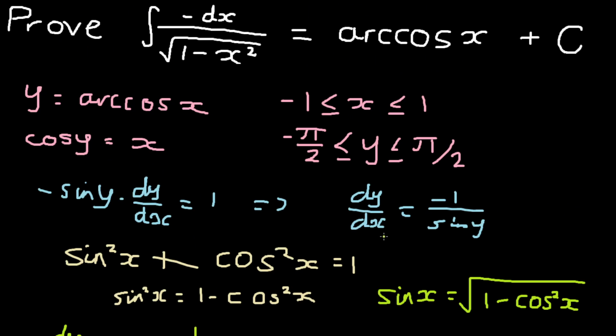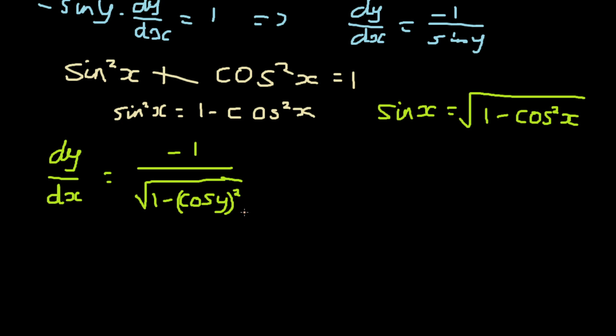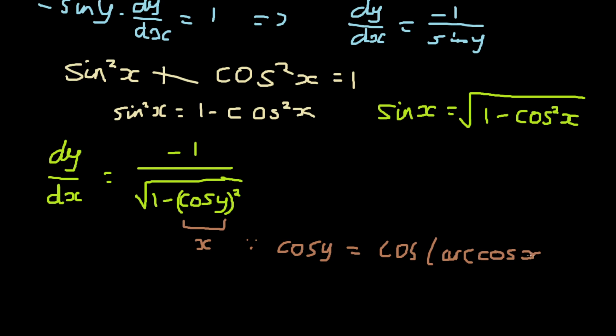Well, the cosine of y is just the cosine of the arccosine of x. Therefore this right here is simply x, because cosine y is equal to the cosine of the arccosine of x.